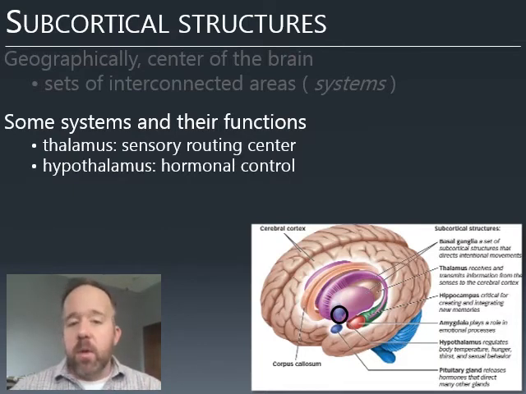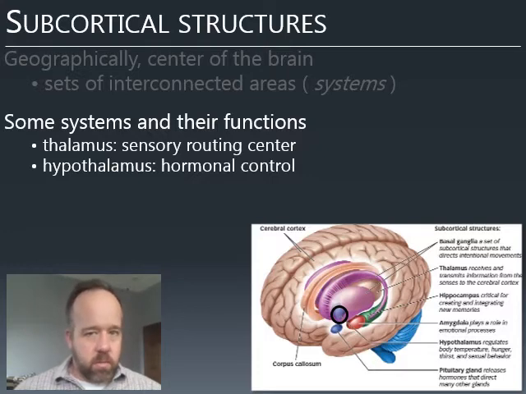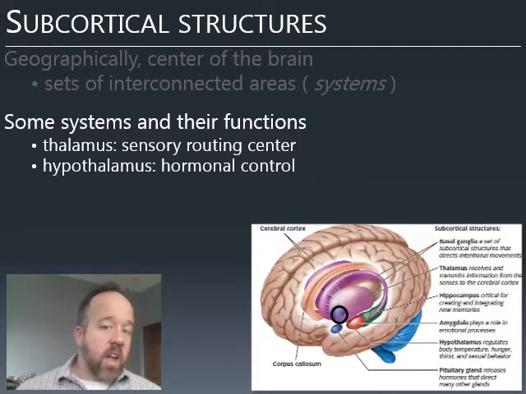And so the hypothalamus is part of the brain. It's a collection of neurons, but it is responsible for sensing sort of the hormonal state of the body and adjusting hormone levels in response to those physiological statuses in the body, or in response to stimuli. Sometimes you release hormones in response to environmental stimuli. So the hypothalamus does that as well.